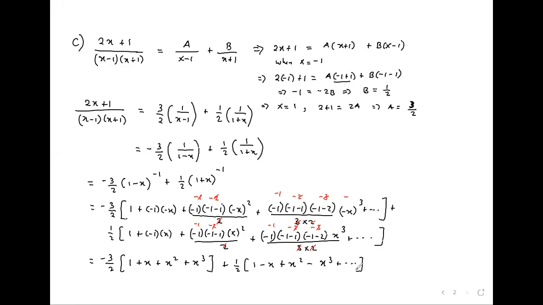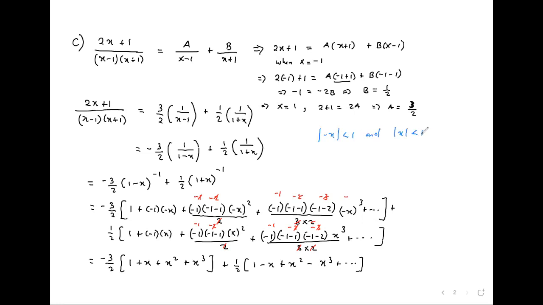So that for now, we deal with the range of validity. The range of validity, we get the modulus of x, the modulus of negative x. For the first one, it must be less than 1. And the modulus of x must be less than 1.